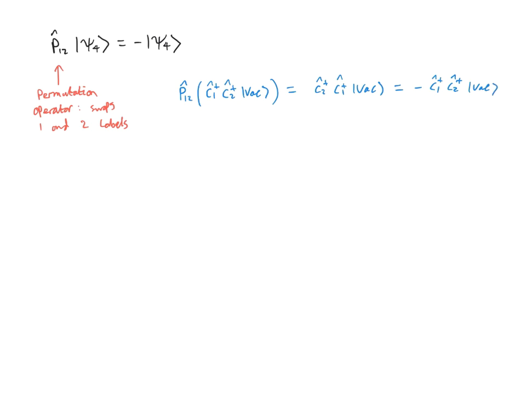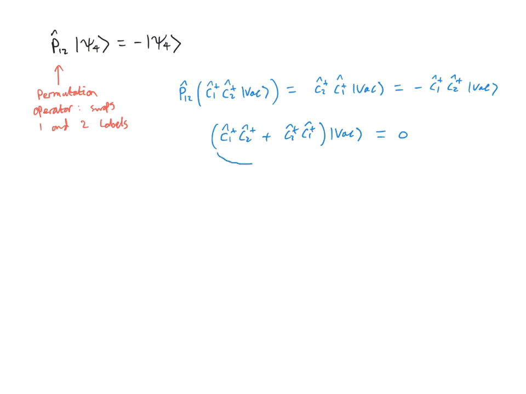So, rearranging this equation, we get the following operator equation. We get C1 dagger, C2 dagger, plus C2 dagger, C1 dagger, acting on the vacuum gives us 0.